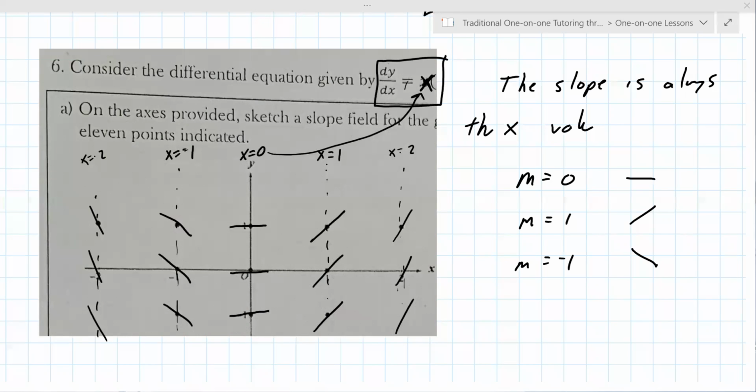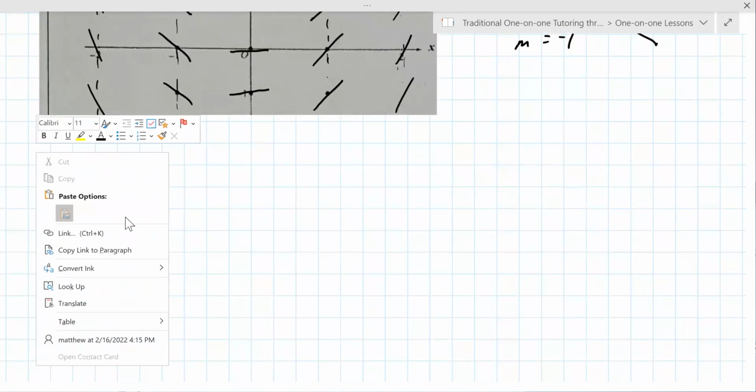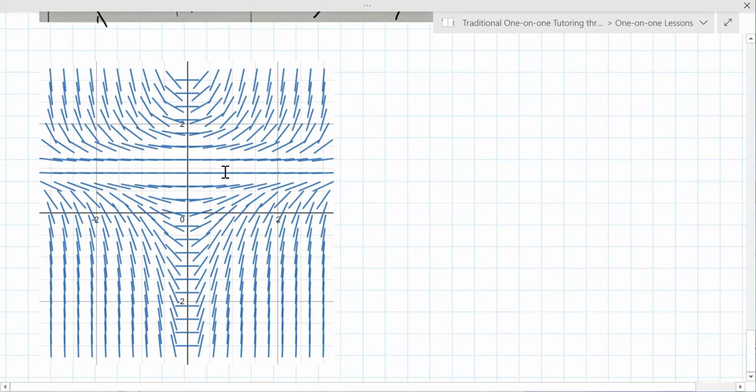Okay, so let me snip this in. All right, so to do the actual one, this is what it would actually look like, and there's a little more resolution than you can do, but it's a fair amount of work. But it is possible. It is, like you said, just plugging in the points. So we need this for part B.